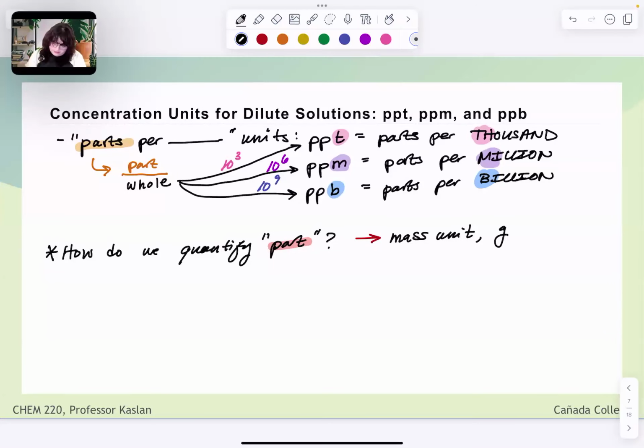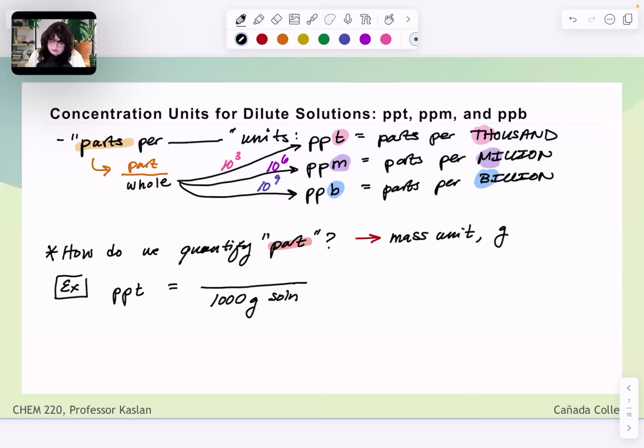So for example, a part per 1,000 unit says that if I have 1,000 grams of solution, then one of those grams of solution, like 1 ppt, has to be solute.